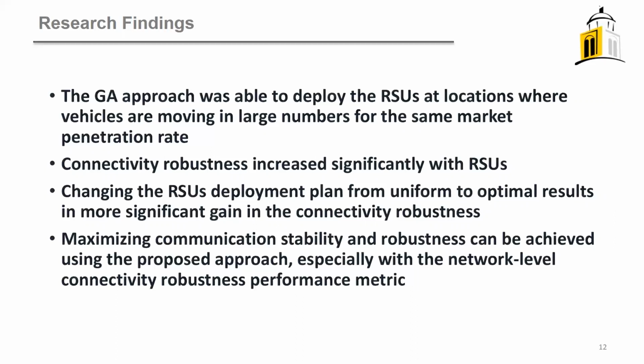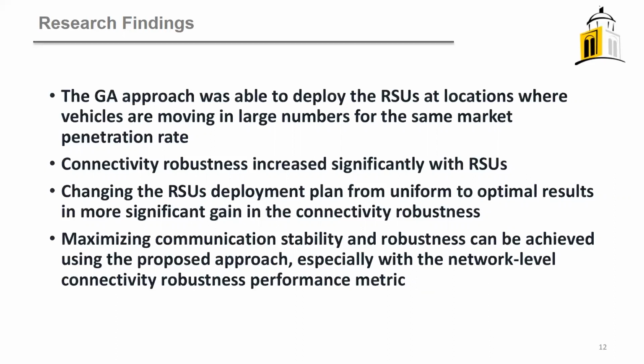And as I said, it's because we're more like adding stationary vehicles. But when we move from the uniform to the optimal deployment, we can achieve more gain in the connectivity robustness.